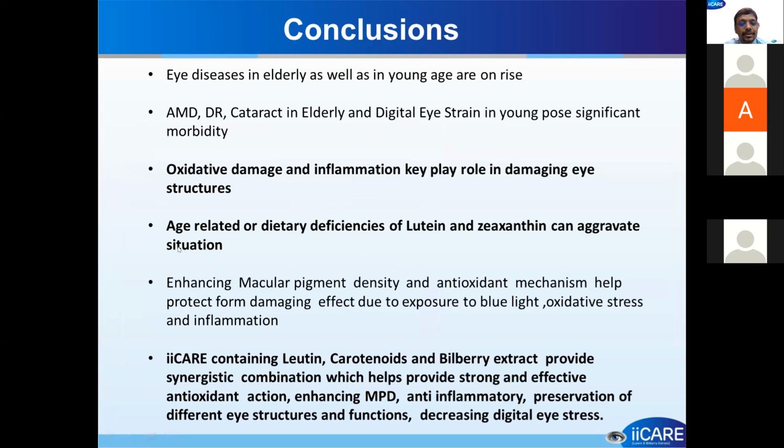So enhancing macular pigment density with antioxidant mechanism, with the help of supplementation like Eye Care, would help to control the eye diseases, or help to maintain eye health in conditions like age-related eye disease such as AMD or diabetic retinopathy or cataract, or also in young individuals with digital eye strain or eye fatigue or dry eye, those kind of eye conditions.